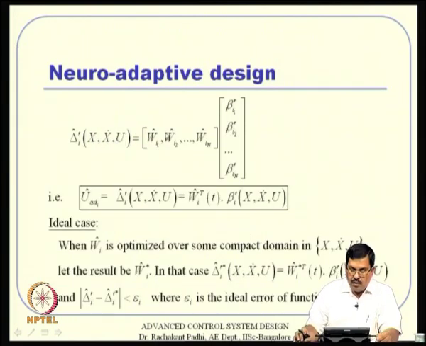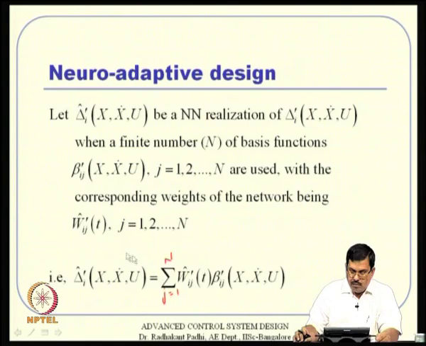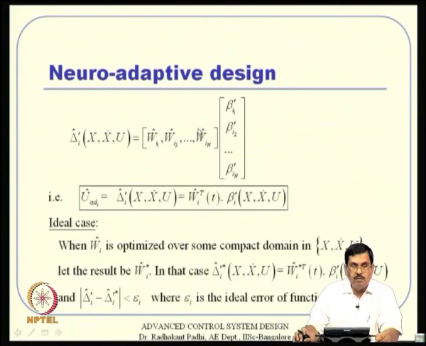In other words, this summation can be written in a vector-matrix way. Ultimately, the ith component of the adaptive control, UAD i, can be written as Wi transpose times beta i prime, where beta i prime is the entire vector.